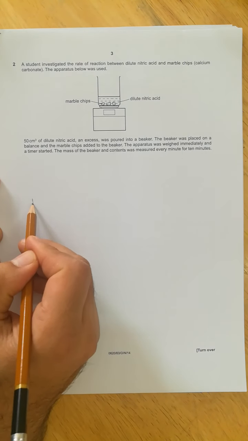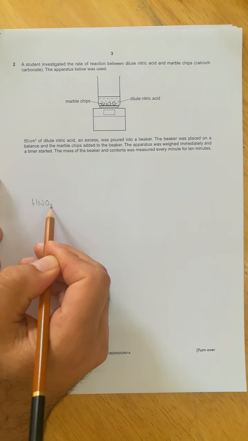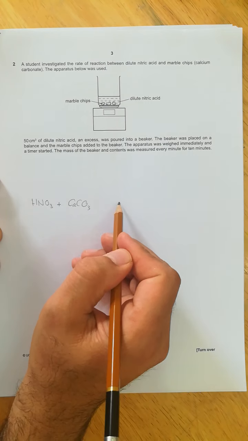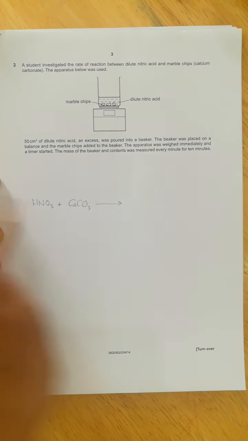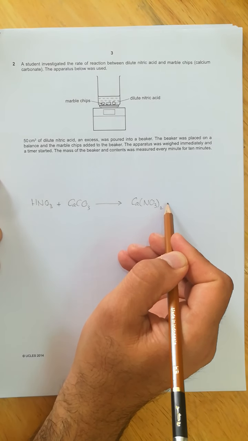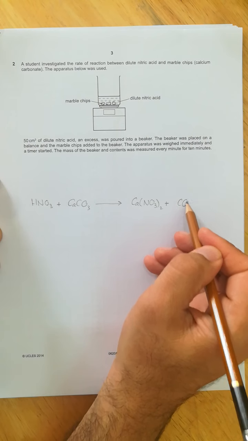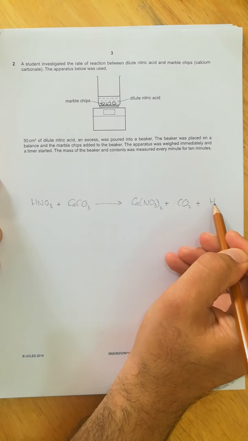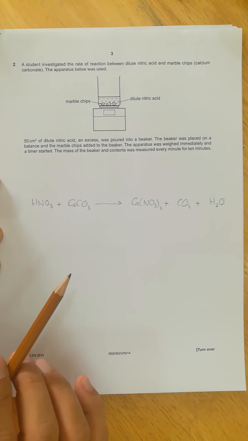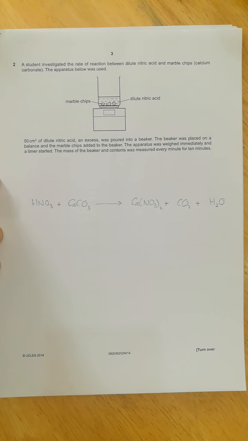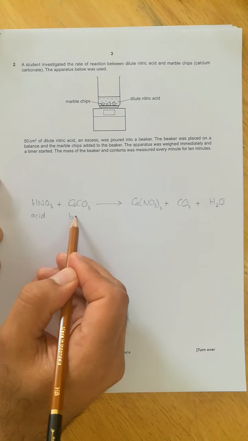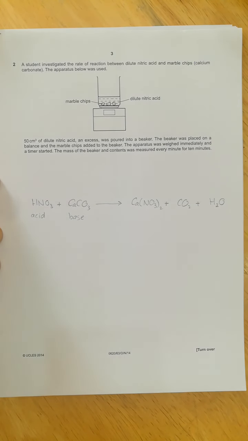So nitric acid with calcium carbonate, it will form salt plus carbon dioxide plus water. Don't worry about this equation now, because later you will know this reaction very well. It's an acid-base reaction.